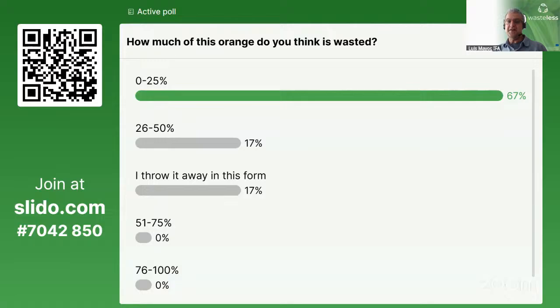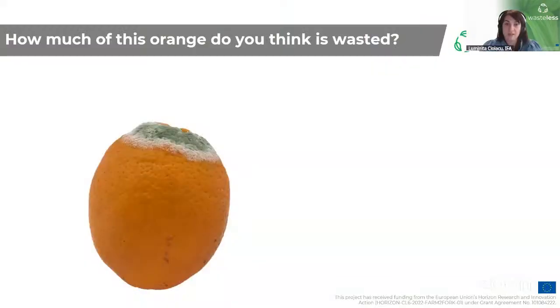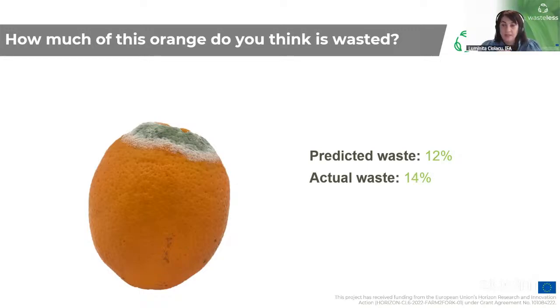In the other, we had 67, 33. Yeah, 67 with 33. And now, Burs, if you want to explain a bit. Yeah, this is actually one of the good examples that the tool can predict the waste, because the waste predicted from this image and from the calibration curve, the model that we built, is 12%, and the actual waste is 14%. And you were right.